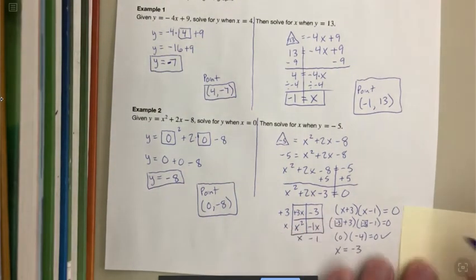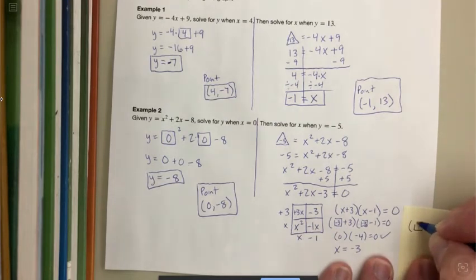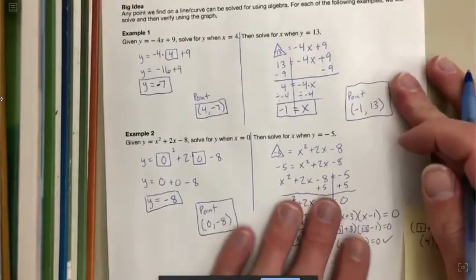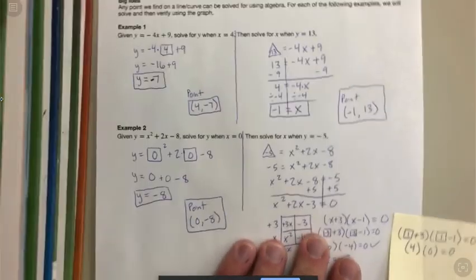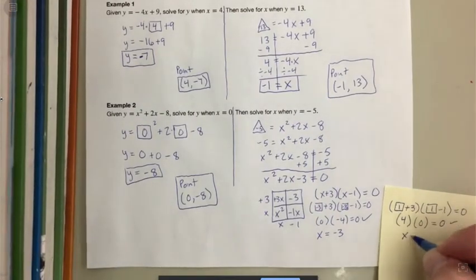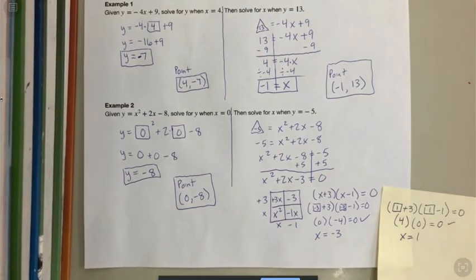Our second possibility, hopefully some of you see it by now, is going to be +1. Because although this box isn't going to be 0, 1 minus 1 will be 0. And 4 times 0 is definitely 0. So that's great. So x equals 1 is a second possibility.